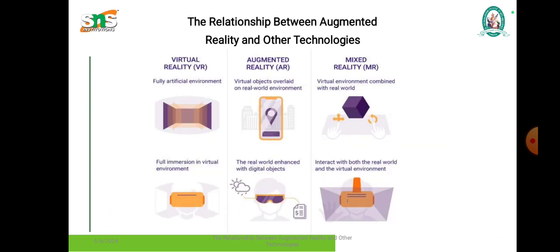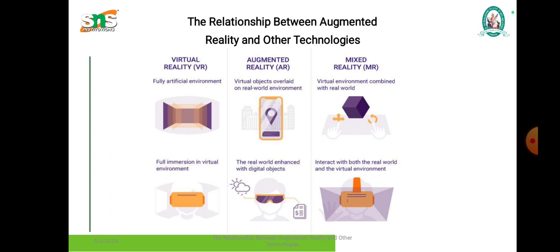So the next relationship is between AR, VR and MR. The first one is VR. VR is a fully artificial environment, but AR is virtual objects overlaid on the real world environment. And MR is a virtual environment combined with the real world.